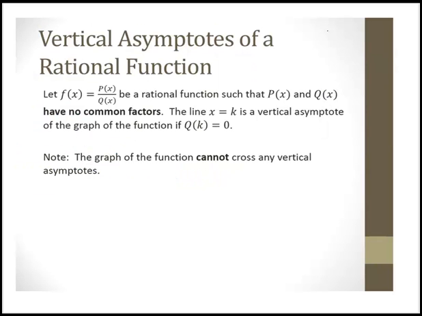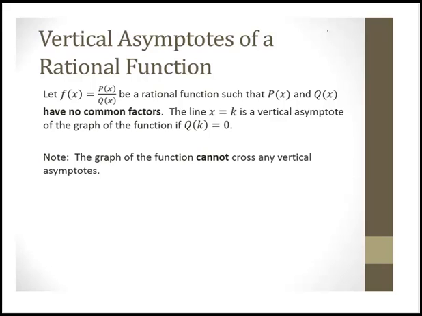So when do we expect vertical asymptotes? If f of x equals p of x over q of x is a rational function, and p of x and q of x have no common factors, so that fraction is in its reduced form, then the line x equals k is a vertical asymptote of the graph of the function if q of k is 0.